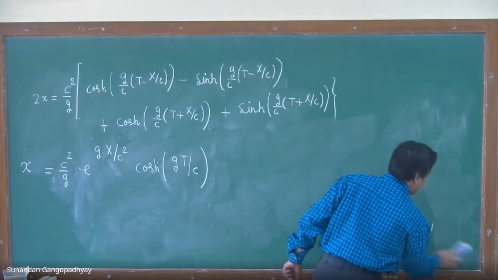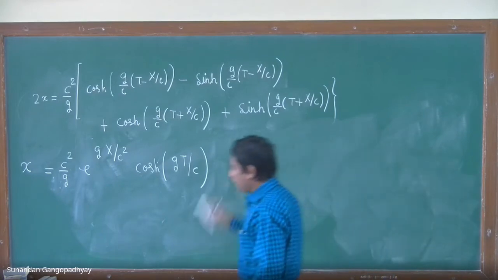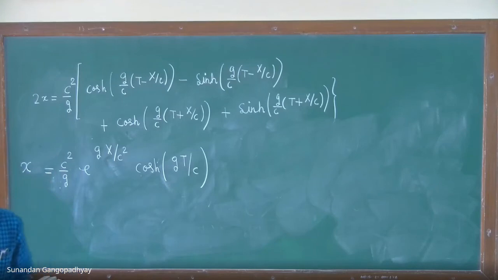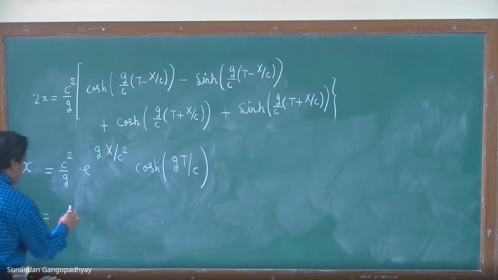And similarly, by using the other relation, subtracting it, you can calculate the other one also. This will be nothing but c by g.